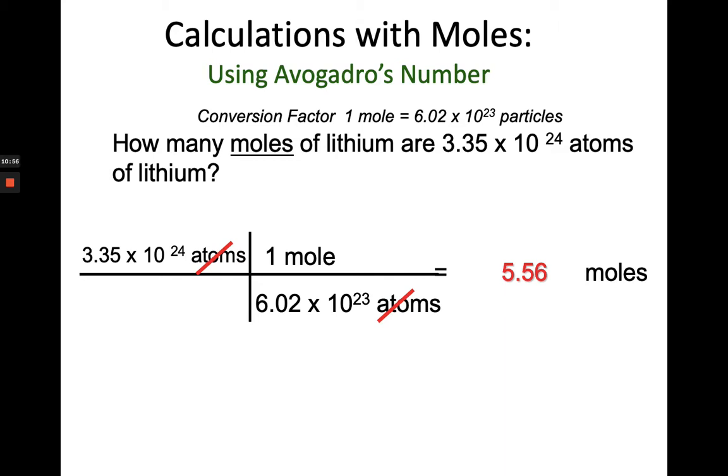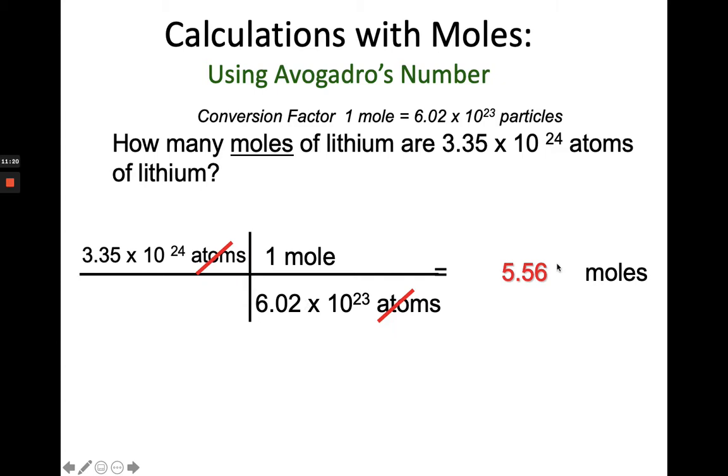If you do it incorrectly, you're going to get 5.56 times 10 to the 46th, which is a huge number. And that's because you entered 6.02 times 10 to the 23rd wrong in your calculator. Instead of dividing by times 10 to the 23rd, you multiplied by the 23rd. And that's why you got that huge number.